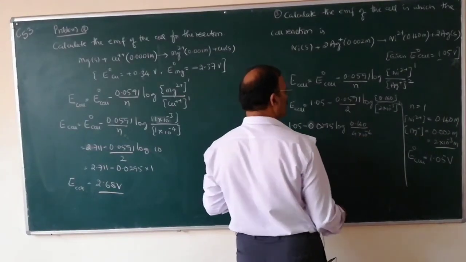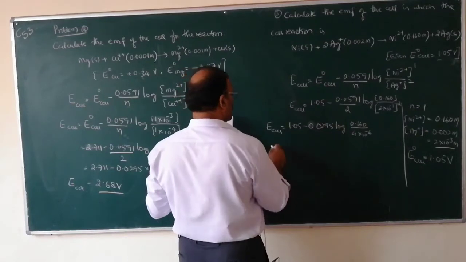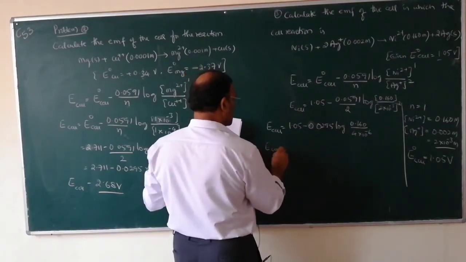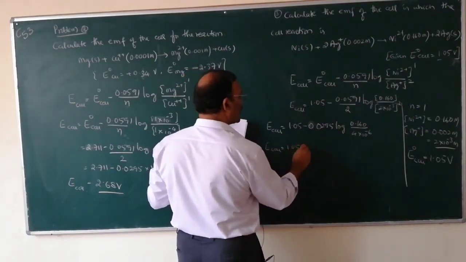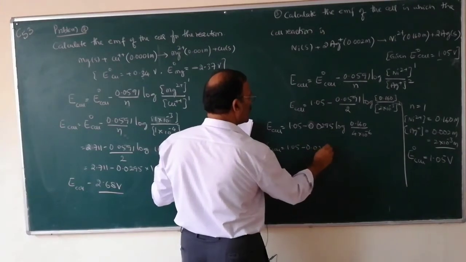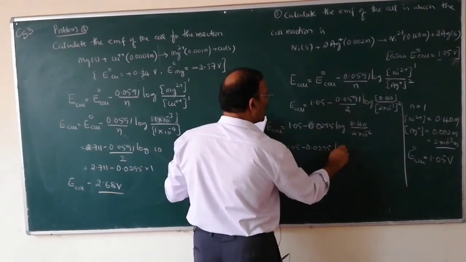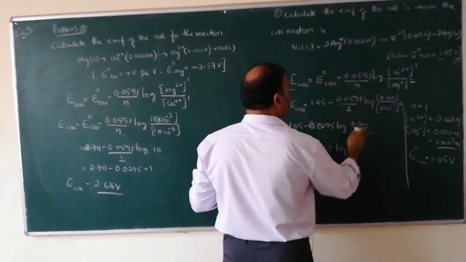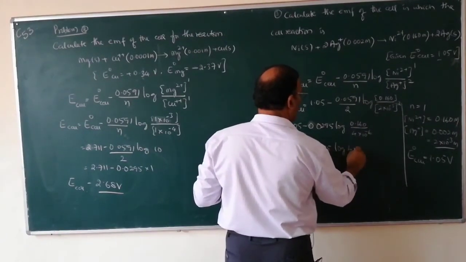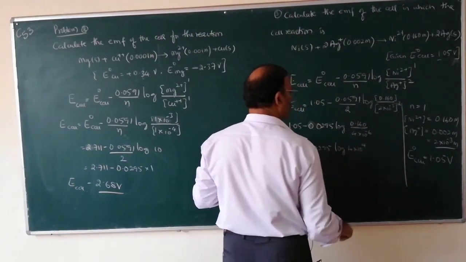So that is E cell equals 1.05 minus 0.0295 log of this one, 4 into 10 to the power of 4.